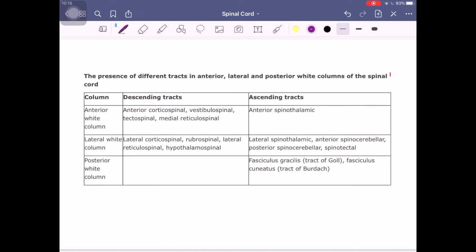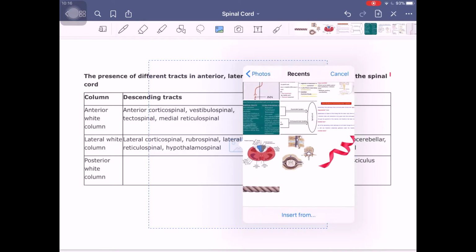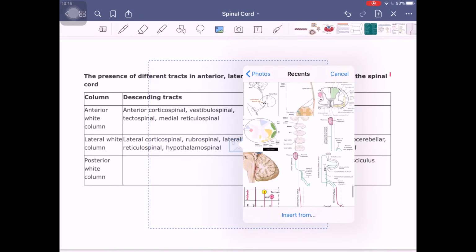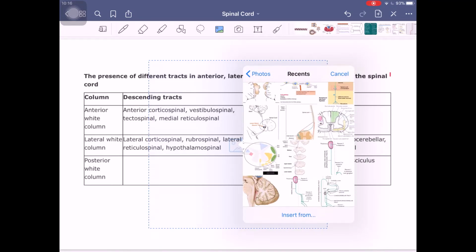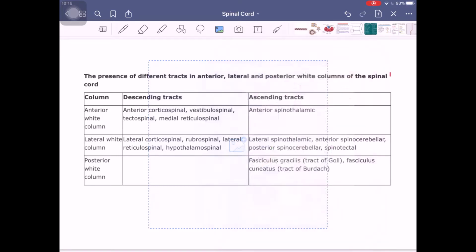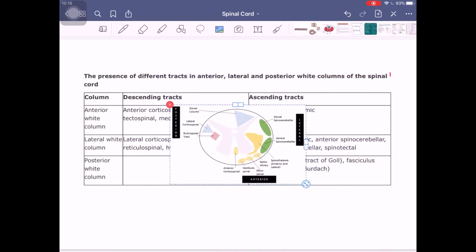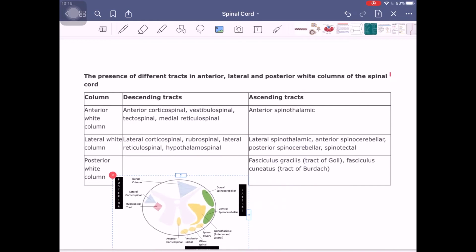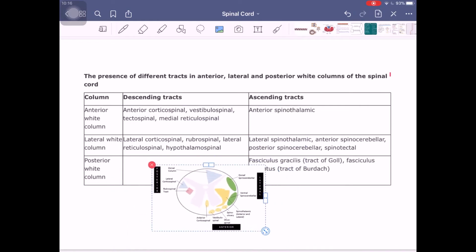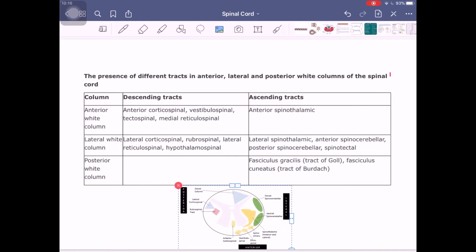Now, I already told you about the presence of these tracts in the columns. So we can also look at this. If I put one image here, just to get an idea of which funiculus or column these tracts are present in.